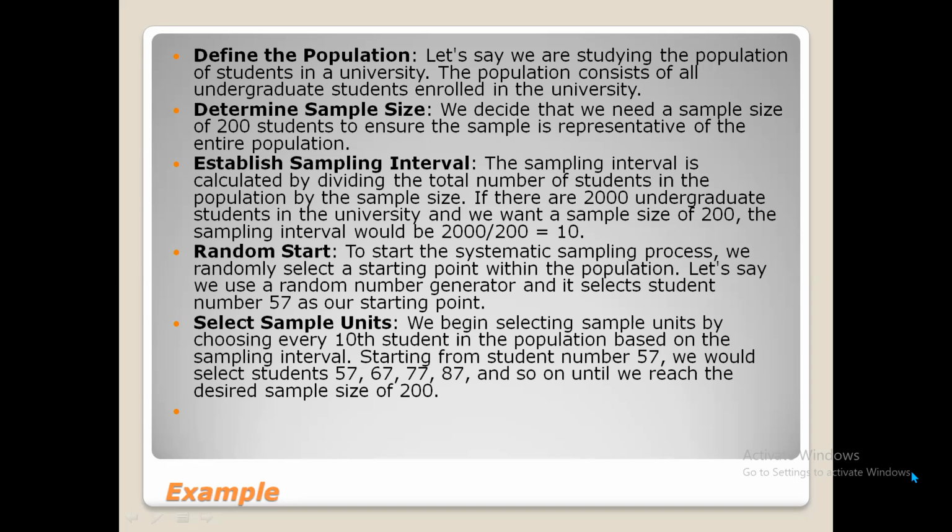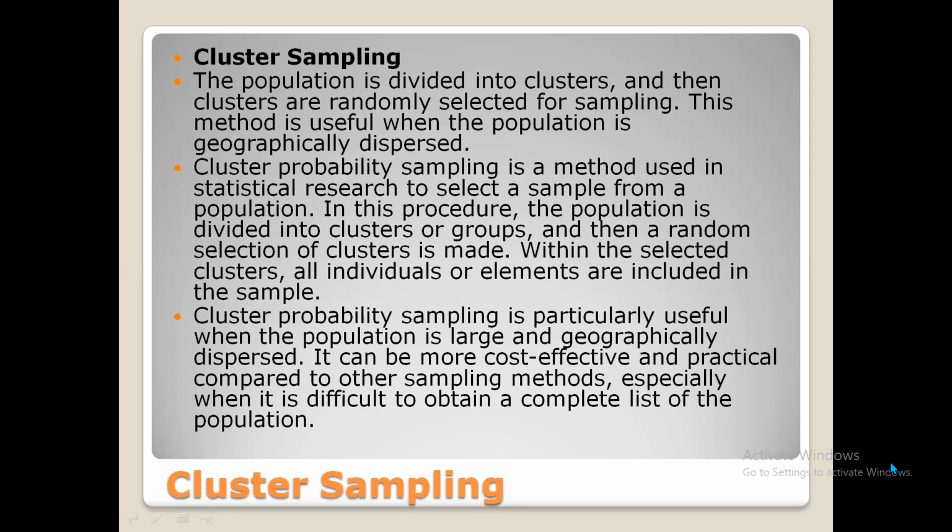Then you count to the next 10th person: if you add 10 to 57, the number 67 is the next, and you include it. You add another 10 to 67, it gives you 77. That's the next person you include until you reach the sample size of 200. That is the systematic sampling.